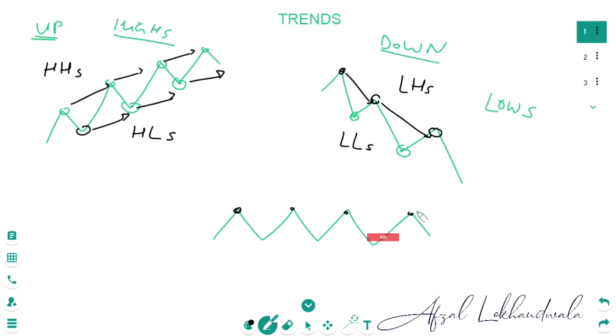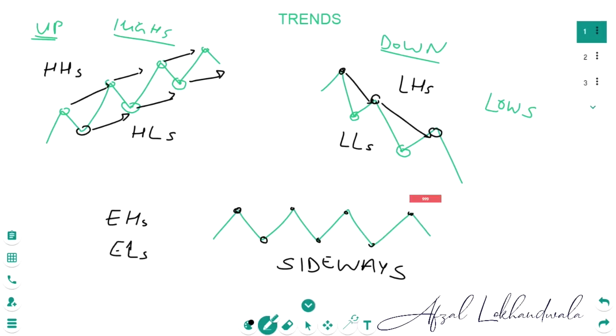So we say that in a sideways market, the highs are at almost equal levels. So these are almost equal highs. If you look at the lows, we again conclude that these are almost equal lows.